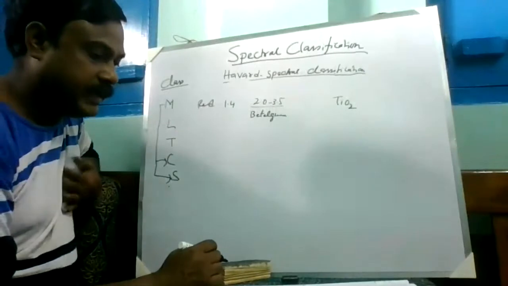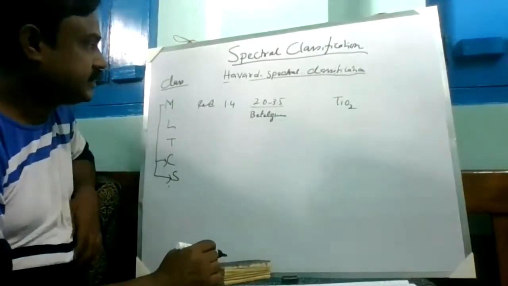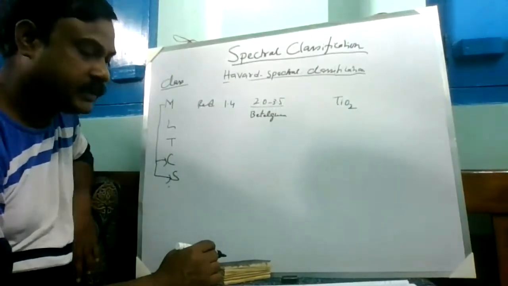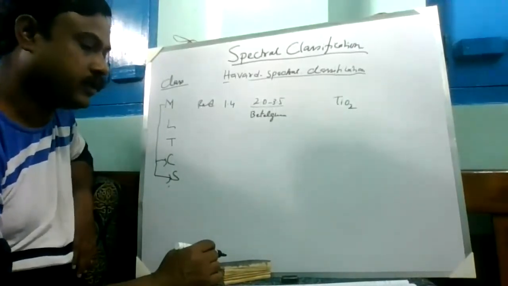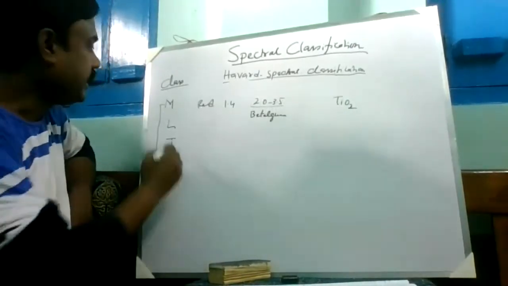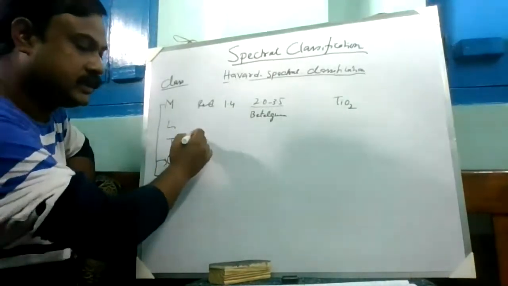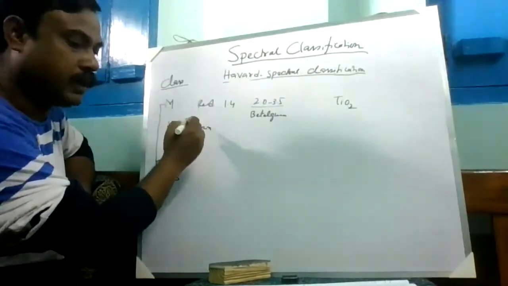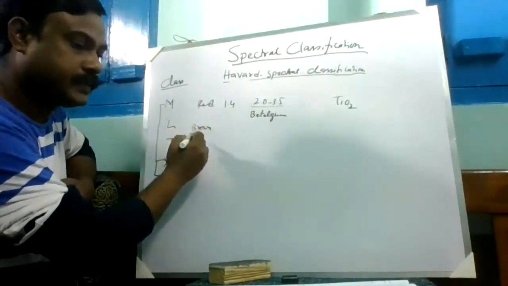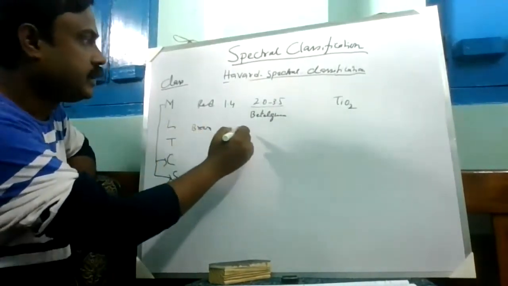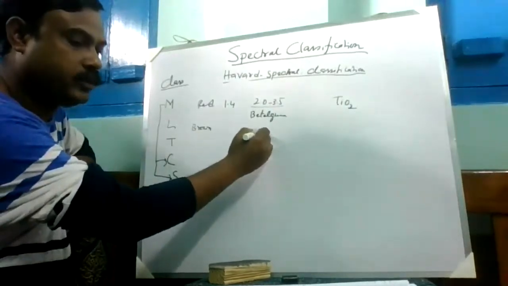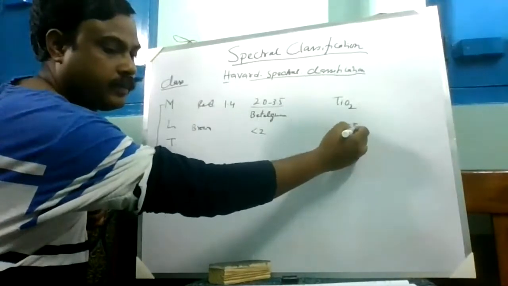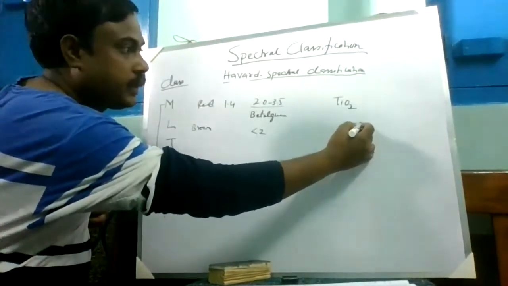And for L and T spectral classes, the surface temperature is very small. For example, for L-type spectral classification, its color is brown, and its temperature is nearly less than 2,000. And its absorption line is sodium I.